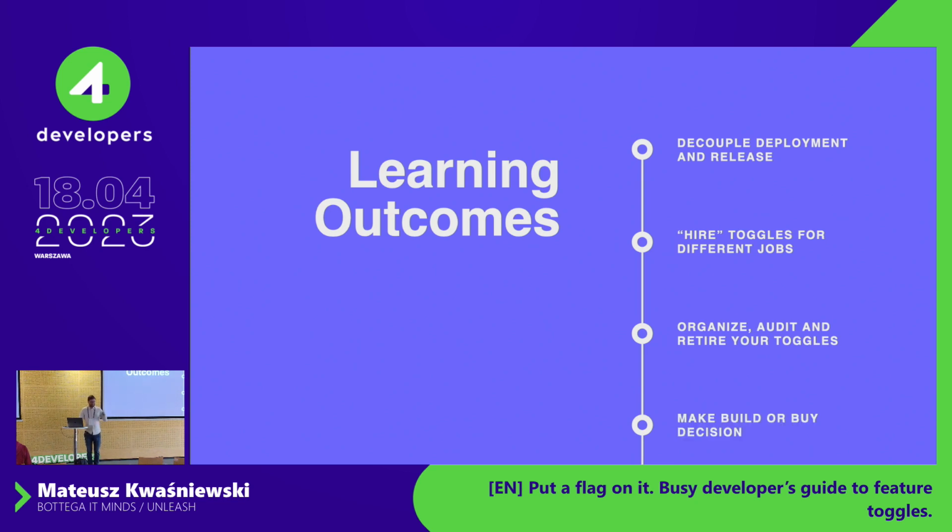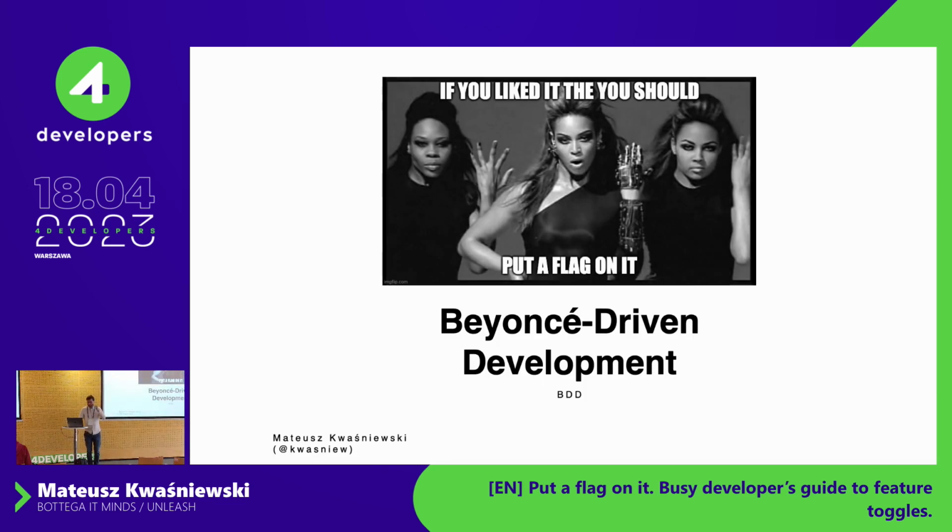And finally, be aware of the cost of building this stuff yourself. So that's basically the end of my story about software development with flags. Beyoncé-Driven Development, BDD. I'm pretty sure this acronym is taken, right? There's not much acronym real estate in software development, so let's call it Feature Flag Driven Development, FFDD.